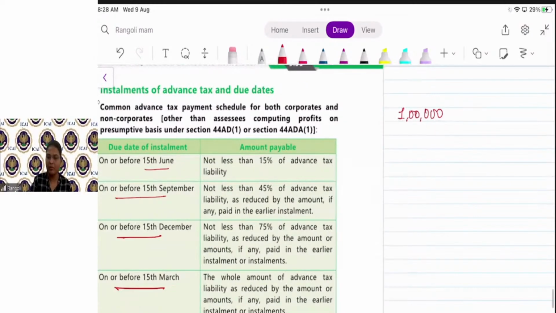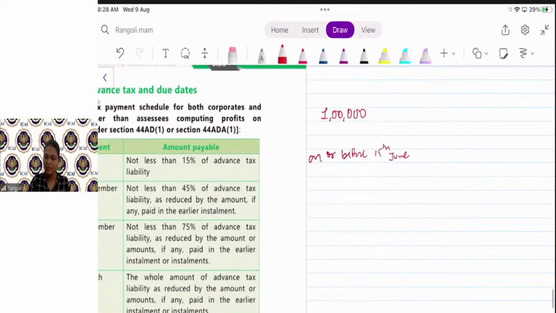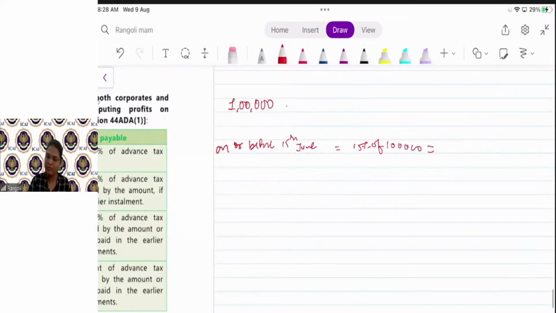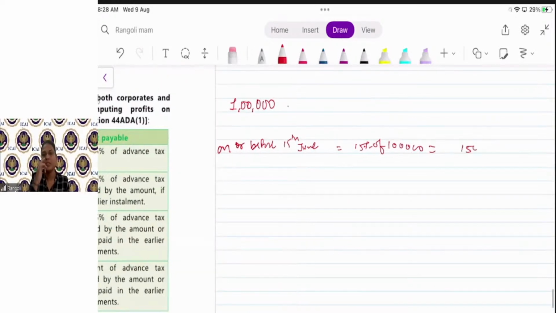On or before 15 June, I need to pay 15% of my tax liability. 15% of 1 lakh comes to 15,000. So I have to pay 15,000 to the government.